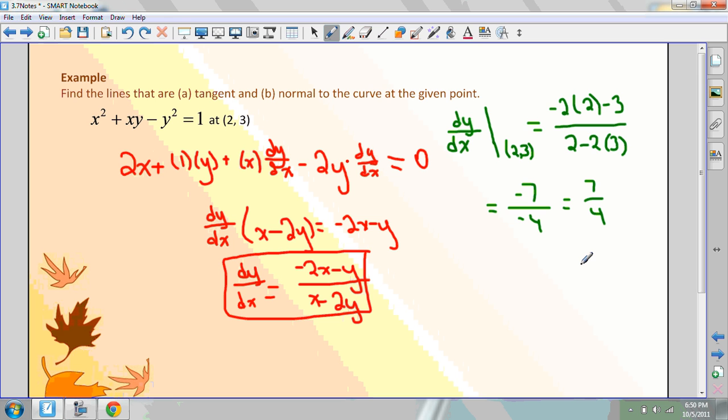Okay, so I'm going to use this to find the equation of the tangent line and the equation of the line that is normal to the curve. So this part should be easy because my tangent line is just going to go through the point 2, 3 and have the slope of 7/4. Let me check this. I feel like I may have made a mistake.